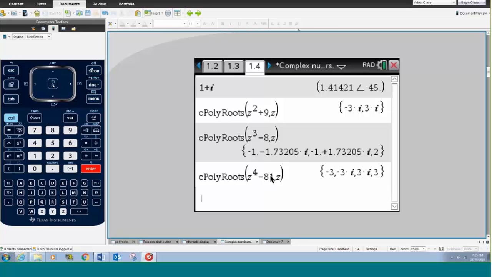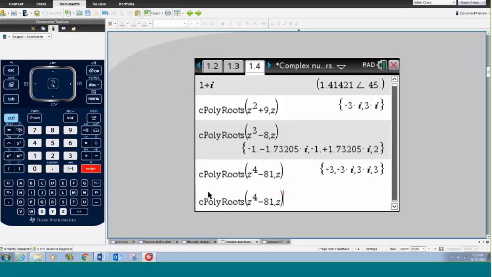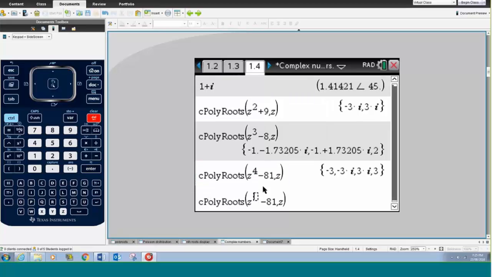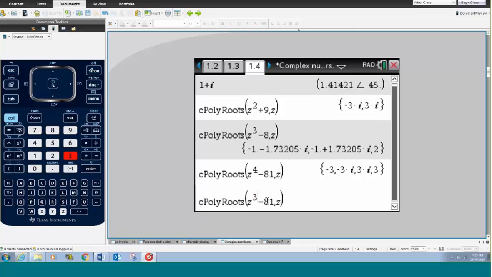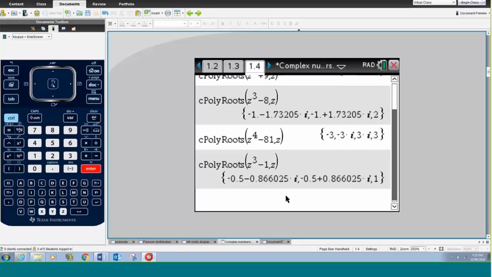I will do one more, and from here I will illustrate how we can sketch that on the complex plane. Let's say I have z cubed minus 1, I get those values.